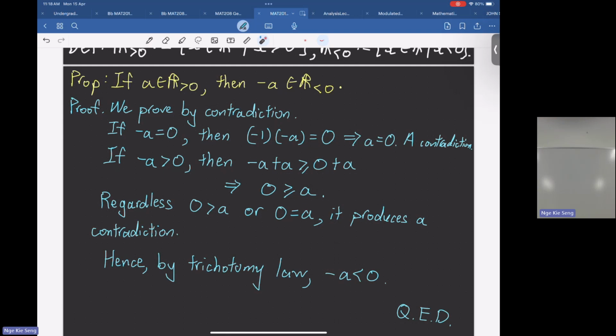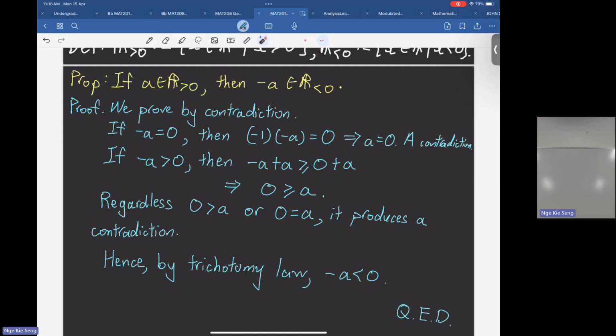Okay, minus A. How about minus A greater than 0? If minus A is greater than 0, A is also greater than 0. So if I add A to both sides, the order is still preserved. So that means I'll get A is less than or equal to 0.